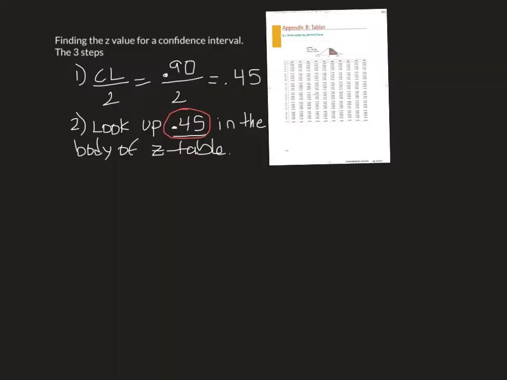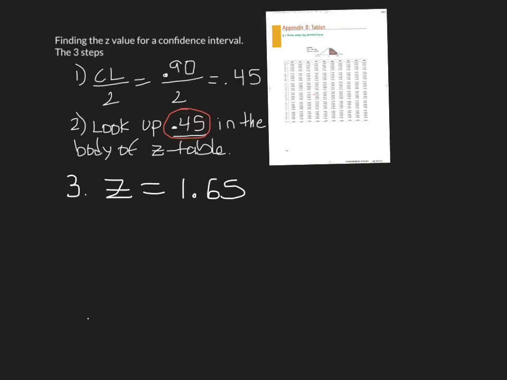All right, and that is in fact our step 3, stating that after looking into the body of the z-table, we find that the z-value for the 90% confidence level is 1.65.